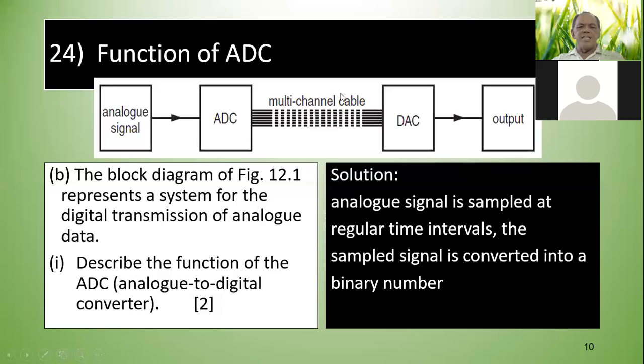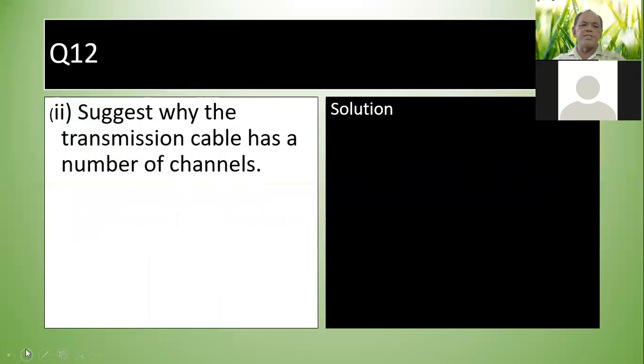And then multi-channel means there are n bits and n wires to the DAC. The transmission cable has a number of channels. Remember, each channel is one wire.